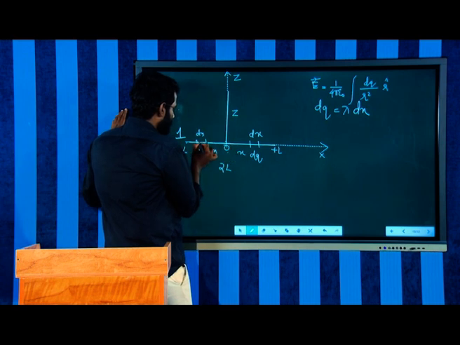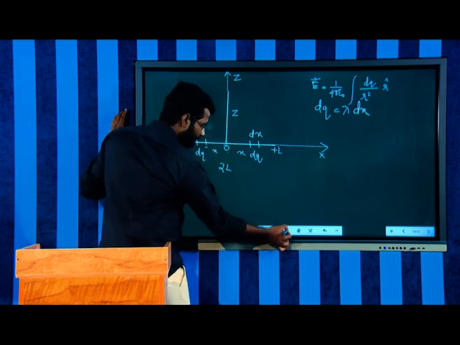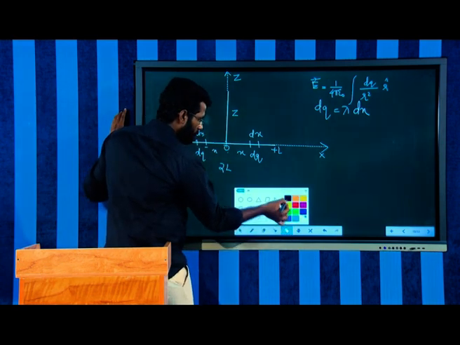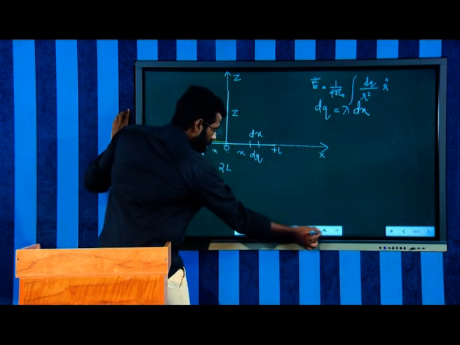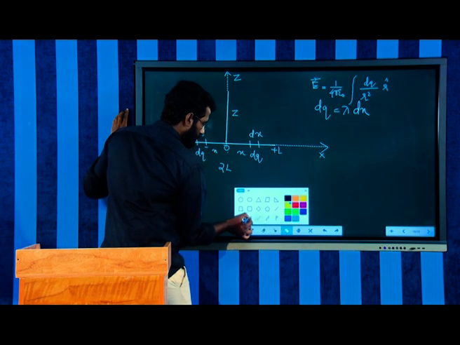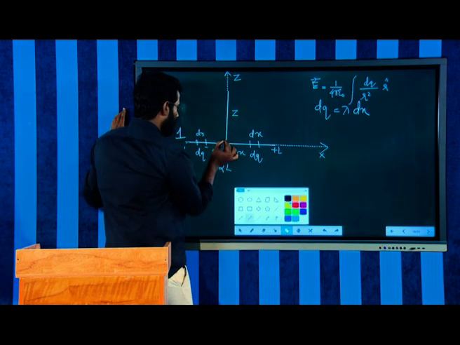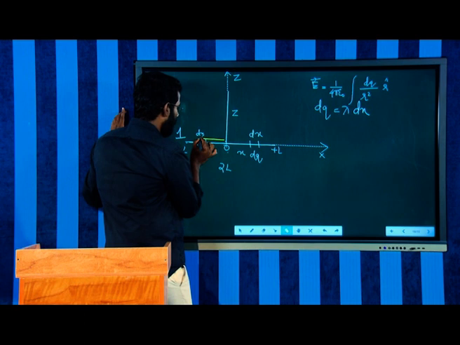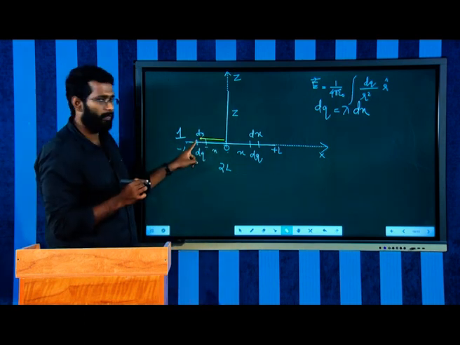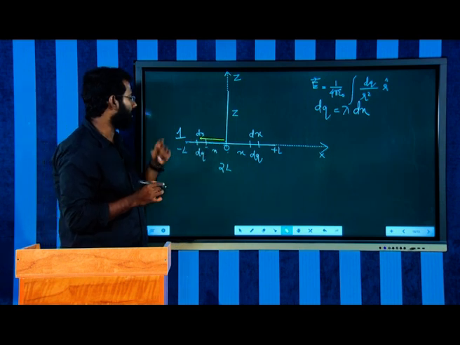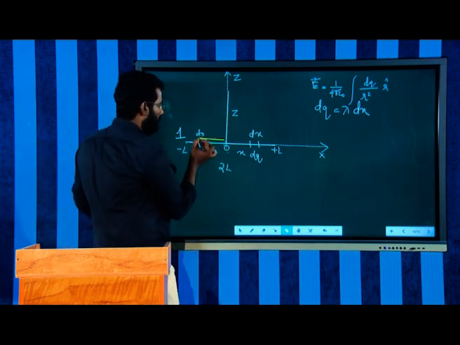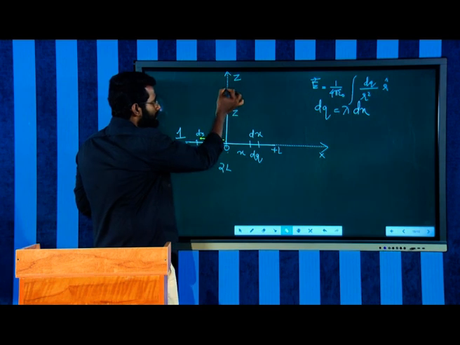So this is from here to here. Let me mark this. From here to here you have the source vector, because this small chunk of line acts as a source. So, this is called the source vector, and this is the field point.